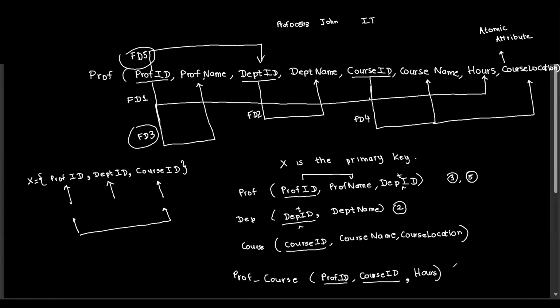FD4 is satisfied in the third relation, and FD1 is satisfied in the fourth relation. So all the FDs are preserved. The lossless join property is achievable. So this is how you have to tackle this specific question. We'll do another question. Okay, so we have vendor inventory.